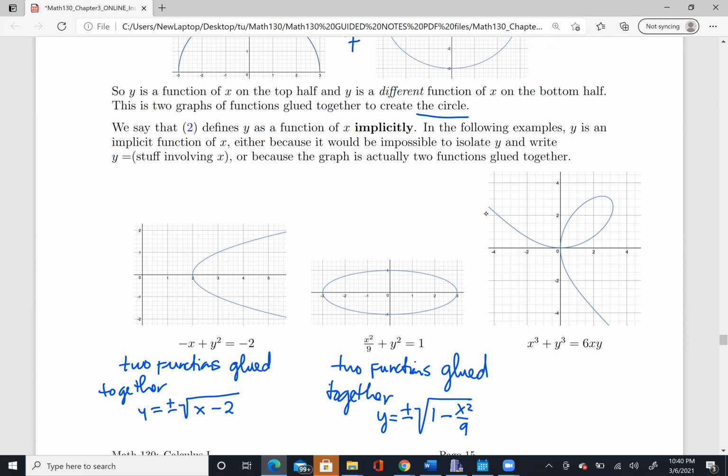You can subtract and isolate, then take the square root.